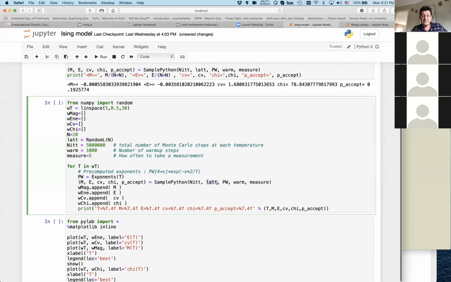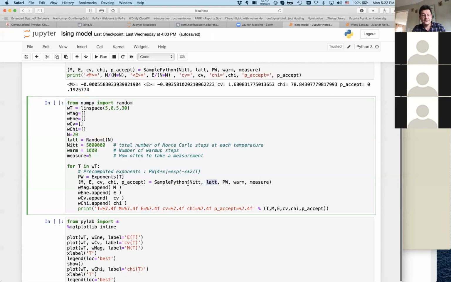In this loop we always take the lattice configuration from the previous temperature, because that allows us to have a relatively small warm-up time. The warm-up time is small because the lattice at the next temperature is the one from the previous temperature, which was equilibrated to the previous temperature.